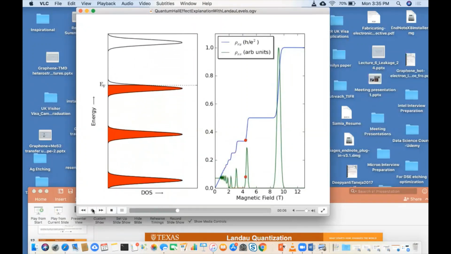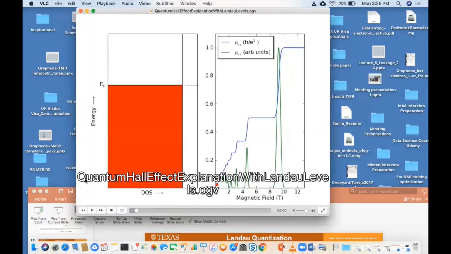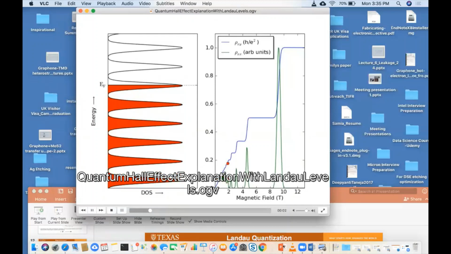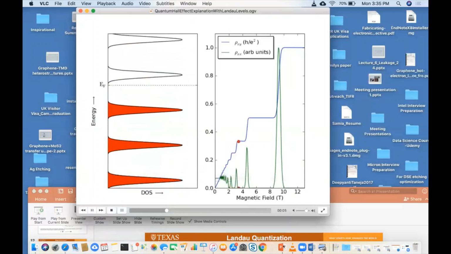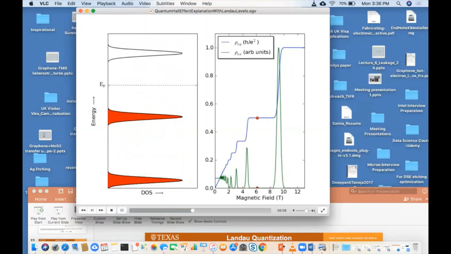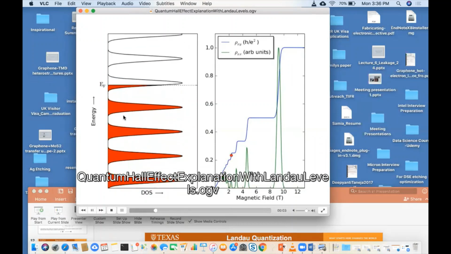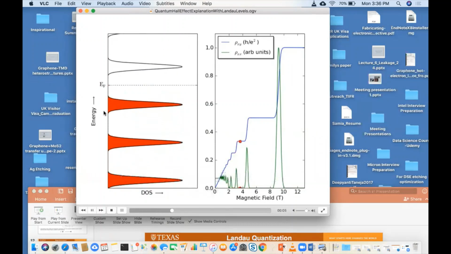The higher lying Landau levels are getting depopulated, and this movie doesn't show it, but each Landau level also starts to hold more electrons. Let's look at it again. This is the Fermi energy level, and when you increase the B field, the Landau levels basically move through this Fermi energy.